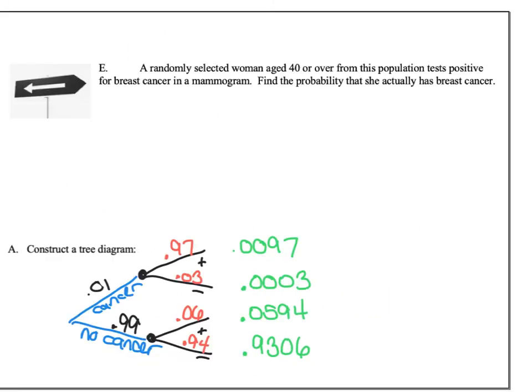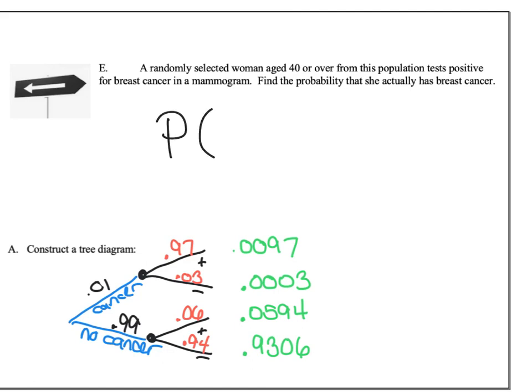And finally, a randomly selected woman aged 40 or over from this population tests positive for breast cancer in a mammogram. Find the probability that she actually has breast cancer. So let's put this into notation to first help us see what they're asking, or how we can actually go about figuring it out.